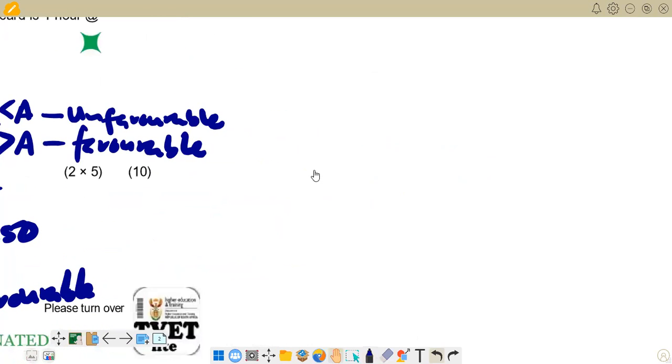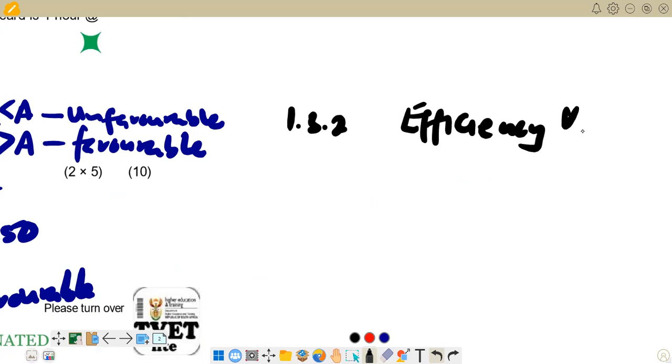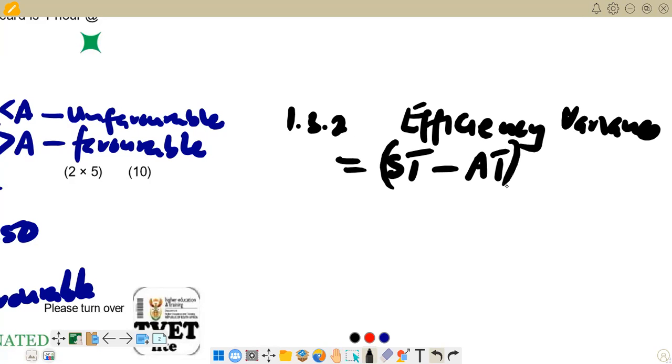This is the second part, 1.3.2. The formula for efficiency variance is standard time minus actual time, and then the answer that we get, you multiply by standard rate.